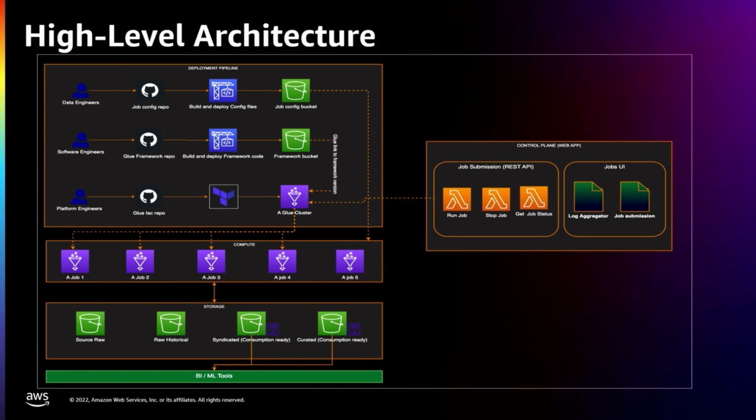Another piece of the control plane is a visual piece that pulls in Glue logs to aggregate them so you can see what's going on, and allows our users to also submit jobs from that UI.